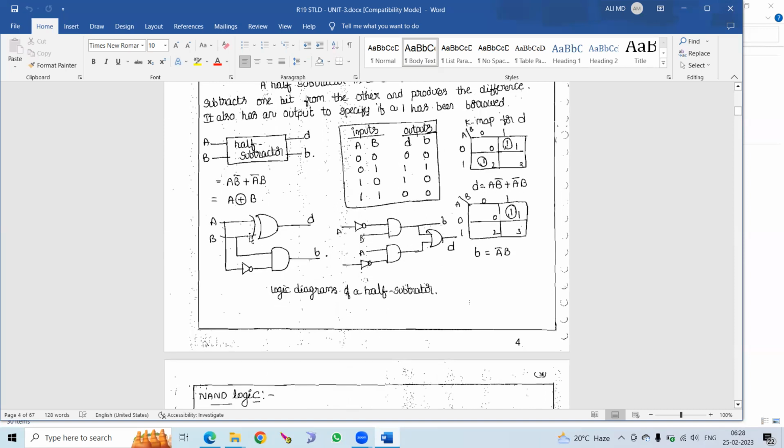By the expression, the logic diagram will be: A and B are the inputs, and D and B are the outputs. D is equal to A XOR B, so we use an XOR gate.